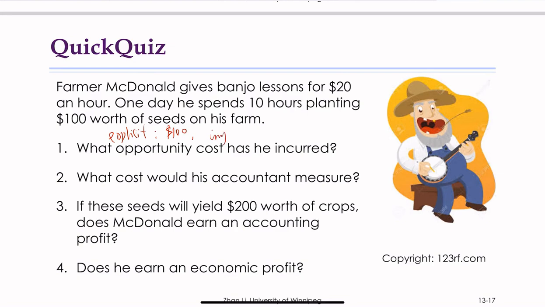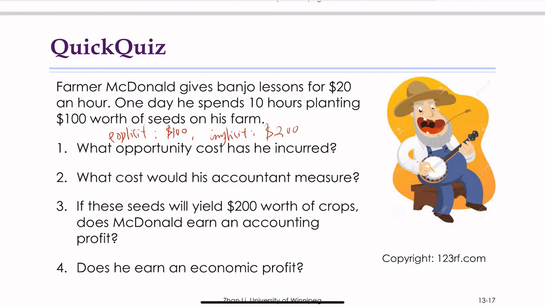Now, what is the implicit opportunity cost? Well, you can see here, if he spends 10 hours planting seeds, he wouldn't be able to use the 10 hours to teach banjo lessons. And per hour, he earns $20. For 10 hours, he earns $200. So to plant seeds, he has to give up $200.